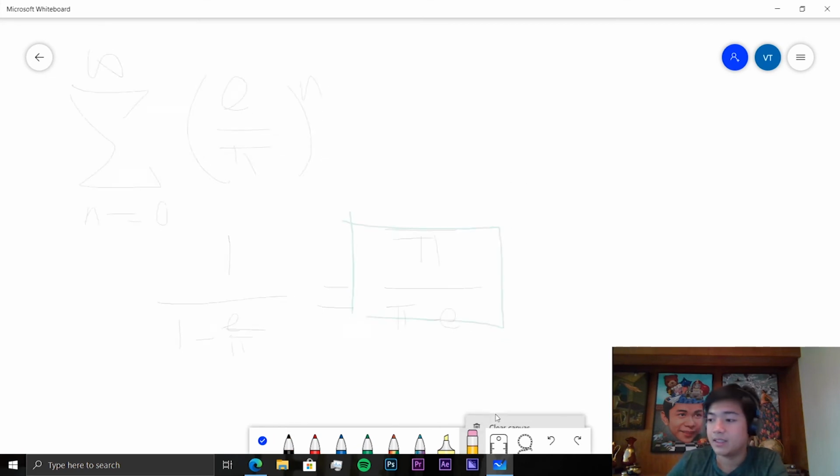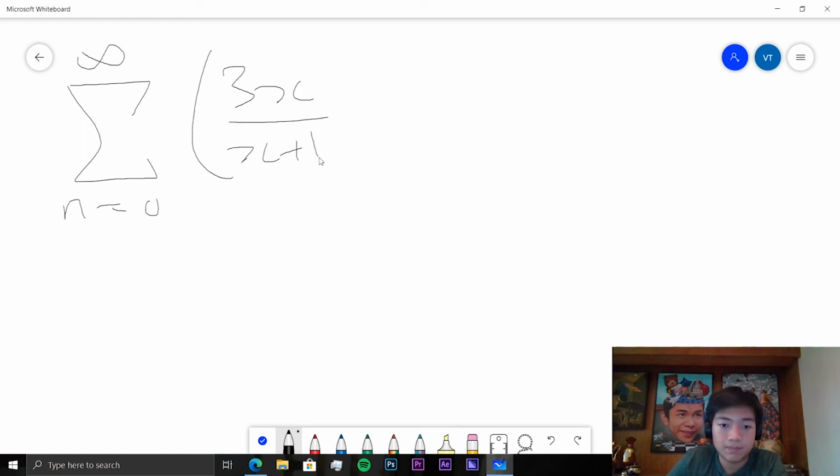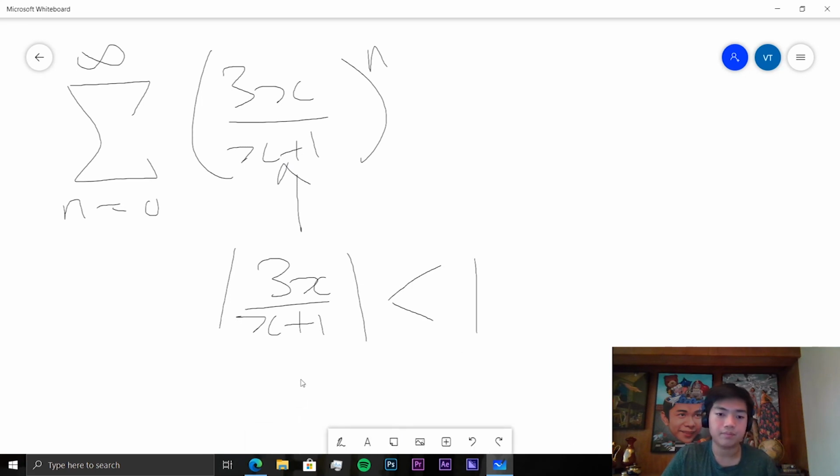Okay, next we have the final question, which is: find the set of values for which the sum from n equals 0 to infinity of 3x over x plus 1 to the n converges. And so this is pretty simple. This will only converge if the absolute value of 3x over x plus 1 is less than 1.